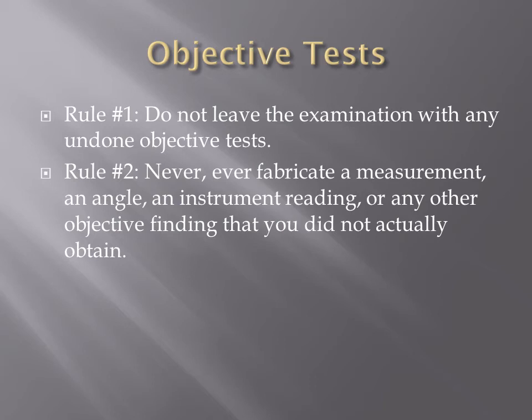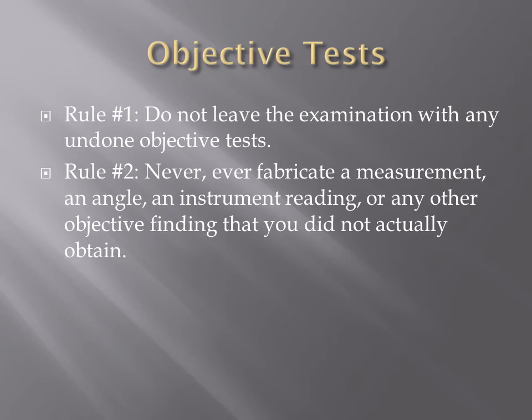No matter what kind of hurry you're in, no matter how late you're getting, never leave without doing every single applicable objective test. Remember, it's all about creating a persuasive report, and when you cite all these objective findings, it makes your report basically irrefutable. It shows to the reader that you performed all the necessary tests and that your findings are exact.